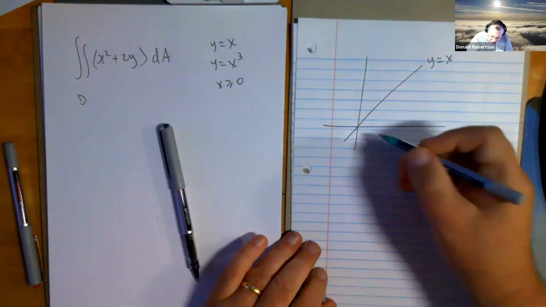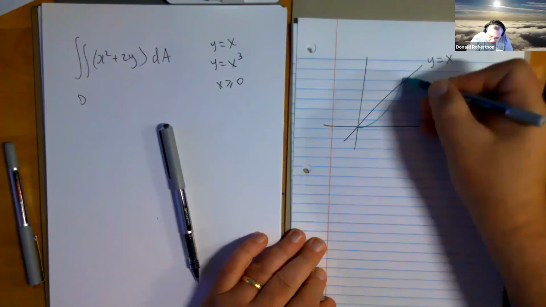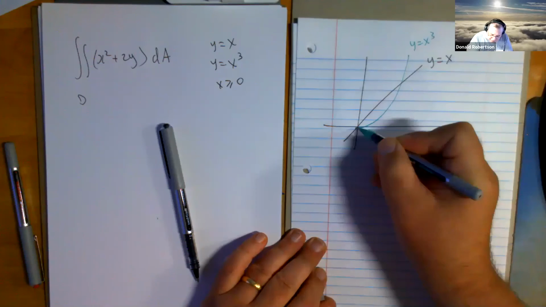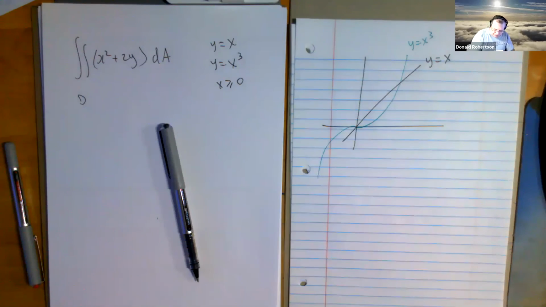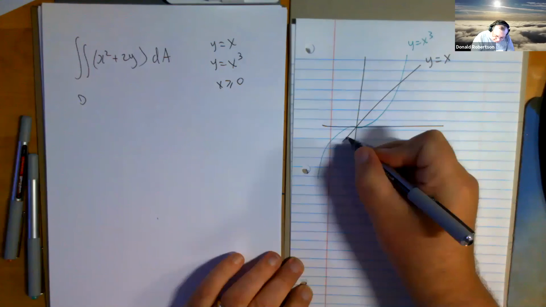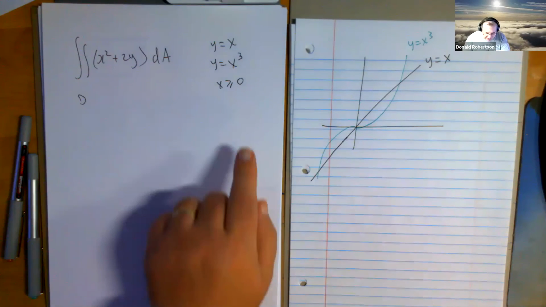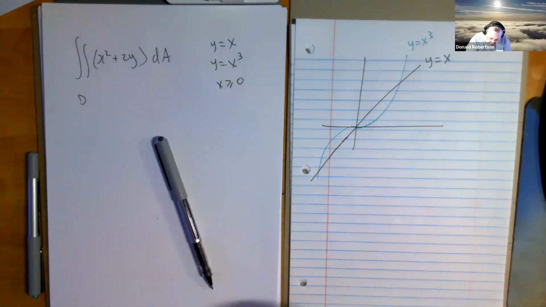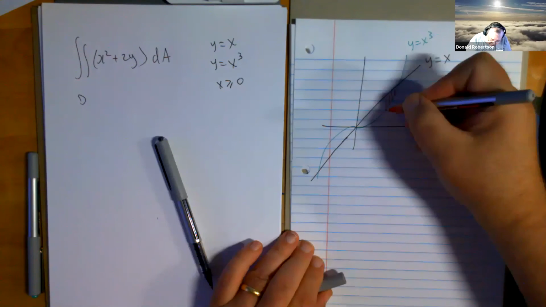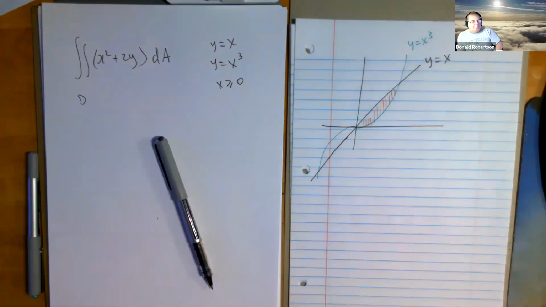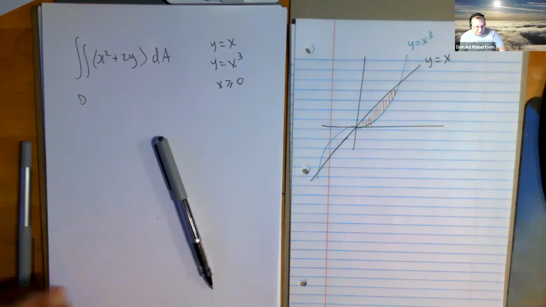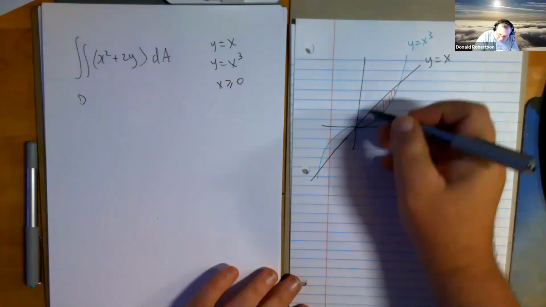Would you agree that y equals x cubed looks something like this? But since x equals 0, aren't we only interested in this little guy? So we need to set this thing up.